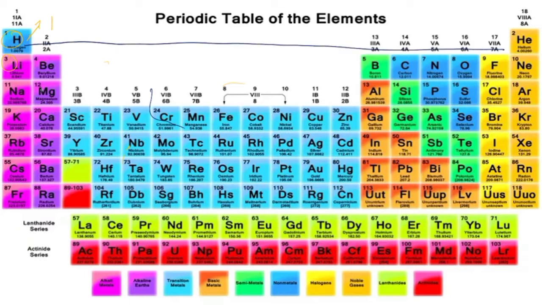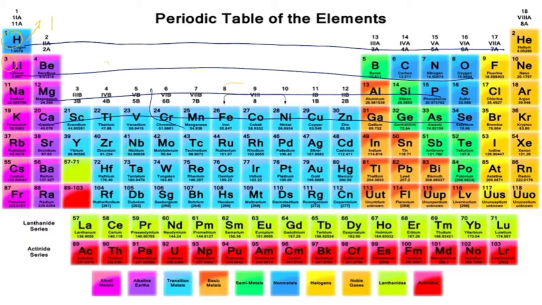So meaning to say, the elements under this belong to a certain energy level. This hydrogen here belongs to the first energy level, beryllium and lithium on the second energy level, okay, and so on and so forth.